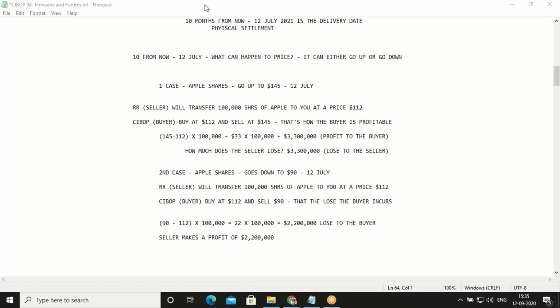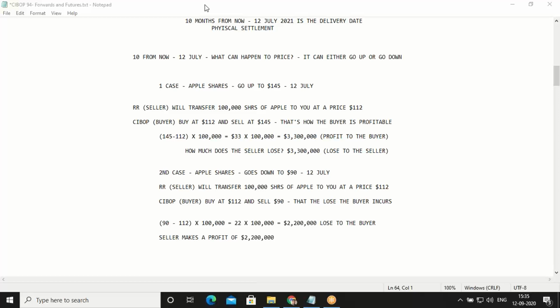So the next one that we're going to talk about is futures. Let's understand one thing. Futures is a standardized forward contract that is traded over the exchange. A futures contract is a standardized forward contract that is traded over the stock exchange.